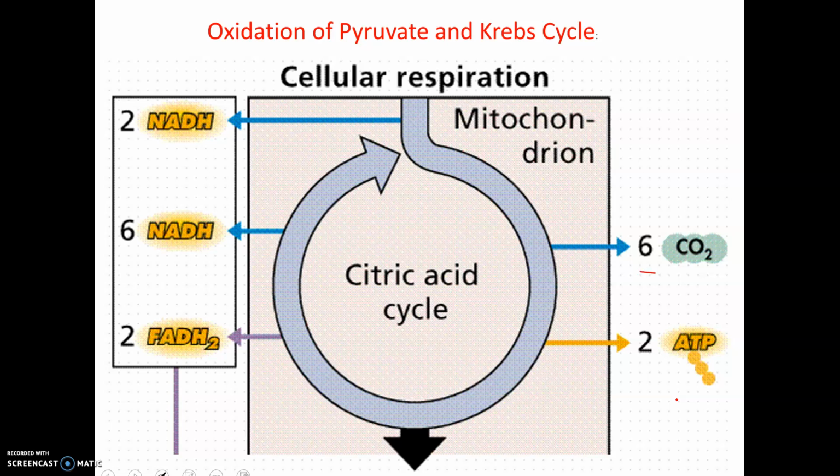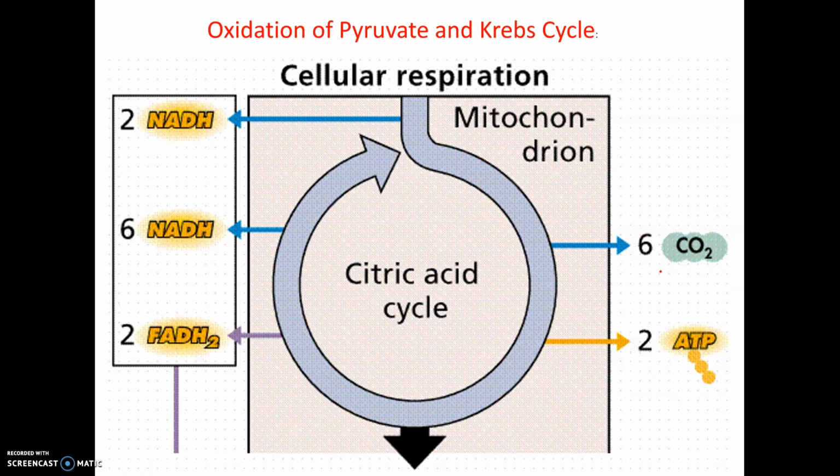Notice it makes carbon dioxide, it makes a couple of ATP, it makes some NADH and some FADH, and really it's just making those from NAD and FAD. It's not making them from scratch, these are just picking up hydrogens. The reason this says 6 is they're combining the oxidation of pyruvate with the citric acid cycle.